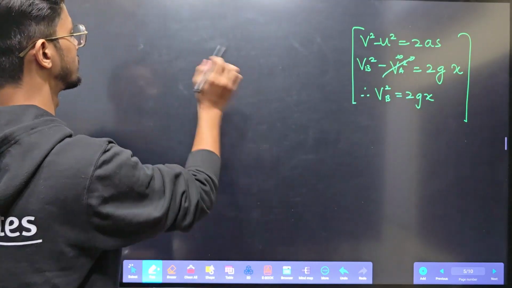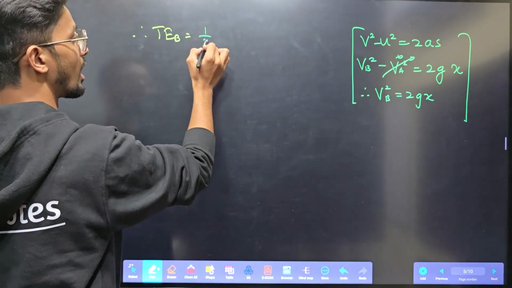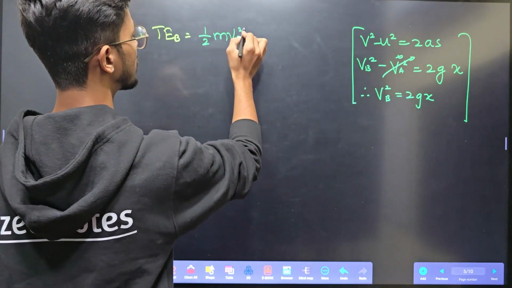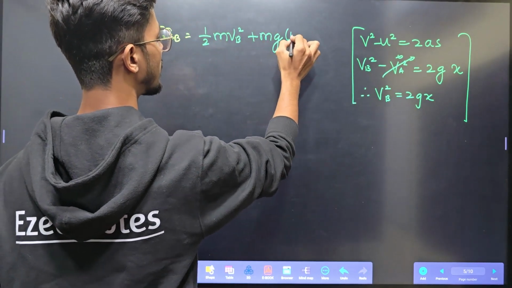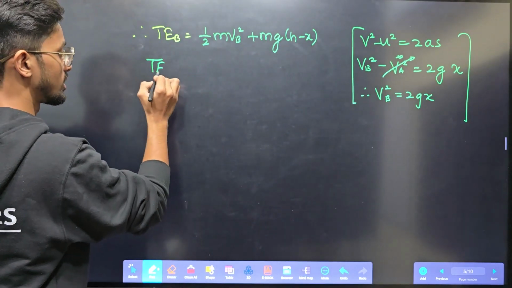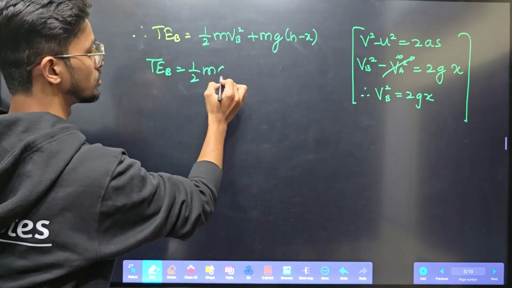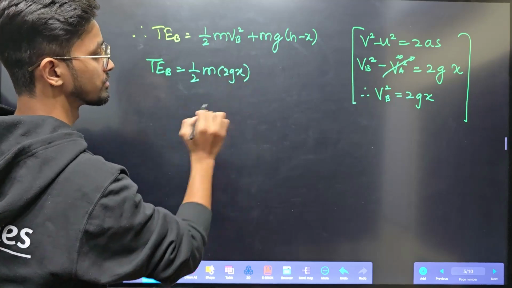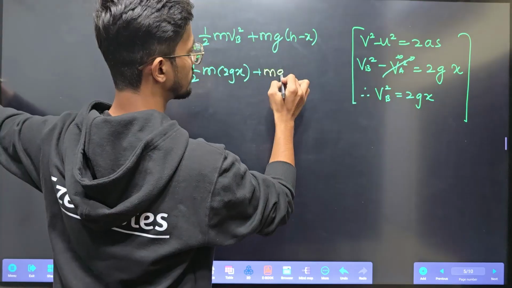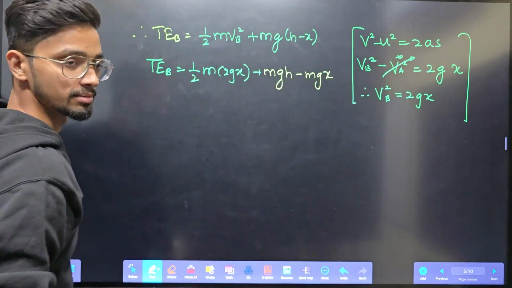Now we substitute it here. So total energy at B will be equal to half m vb square plus mg into h minus x. This is what it was. We'll substitute. So total energy at B will be equal to half m, what is vb square? That is 2gx, plus mg into, if you multiply, mgh minus mg into x.